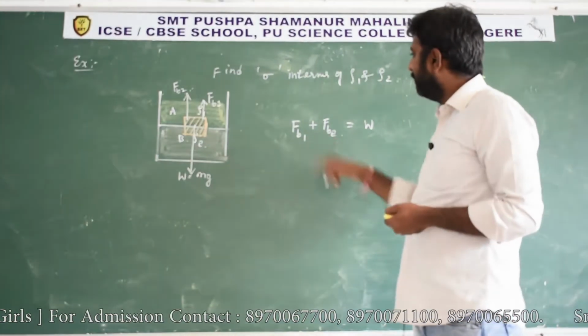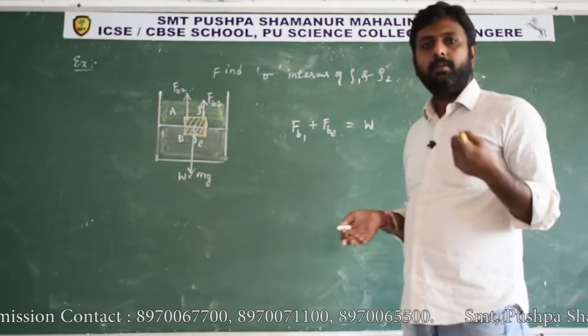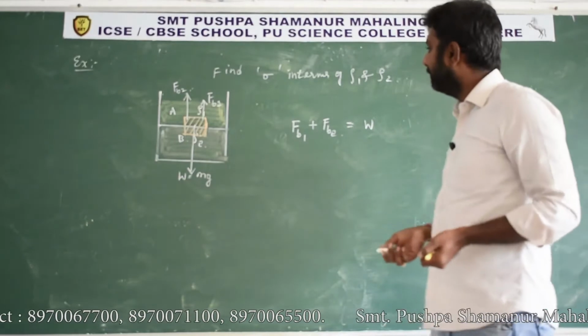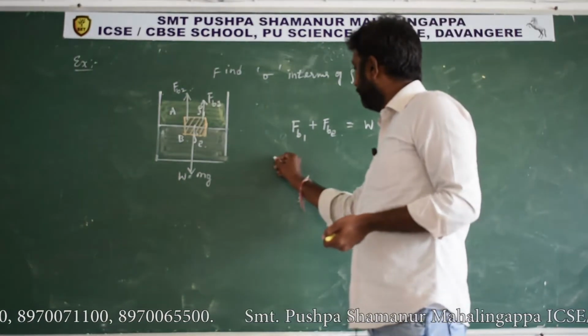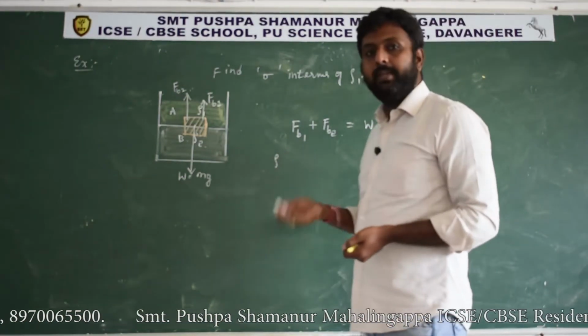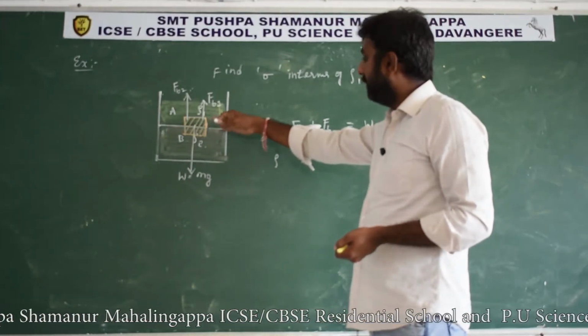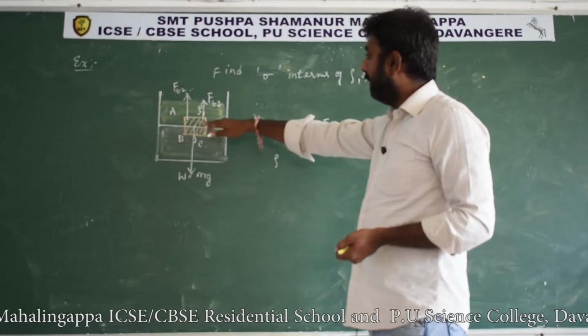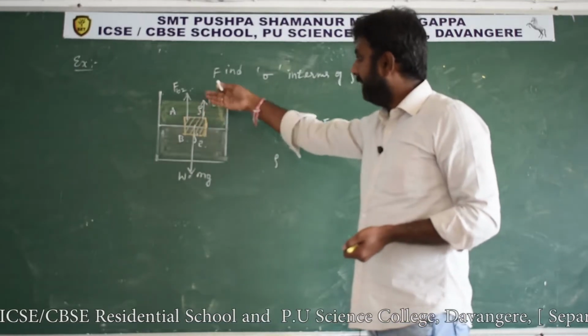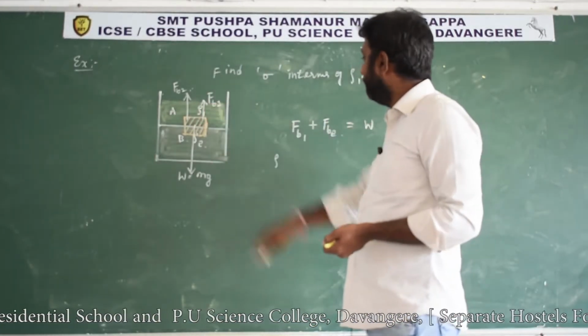And you know the formula for buoyancy force. That formula is rho V G, where V means here not the complete volume is placed in one liquid, half of the volume is placed in A liquid and the remaining half is placed in B liquid.